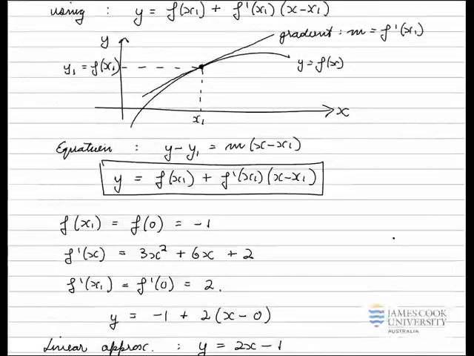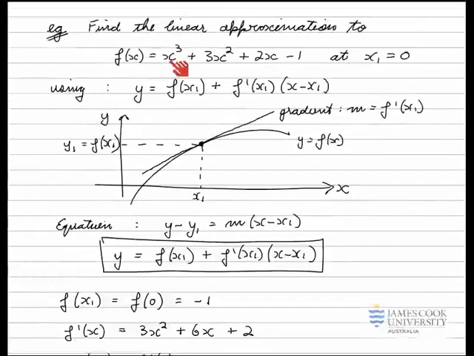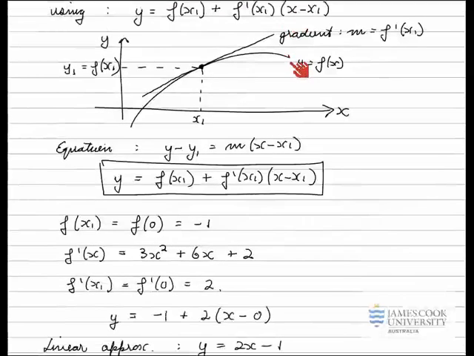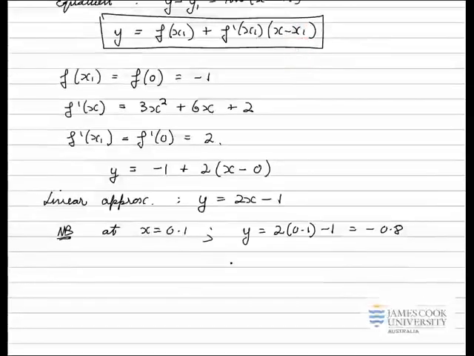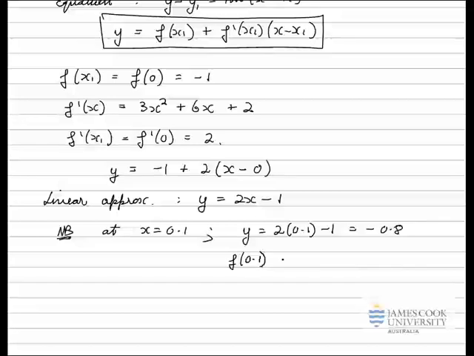Comparing that to the function evaluation, I'm going to substitute 0.1 cubed plus 3 times 0.1 squared plus 2 times 0.1 minus 1. If you go through and do that, then the function evaluated at 0.1 gives you a value of minus 0.769. Using a calculator for that one. So that's a pretty close approximation. Our linear approximation of 2x minus 1 gives us a value of negative 0.8. The function evaluated at 0.1 is negative 0.769, and they look pretty close.